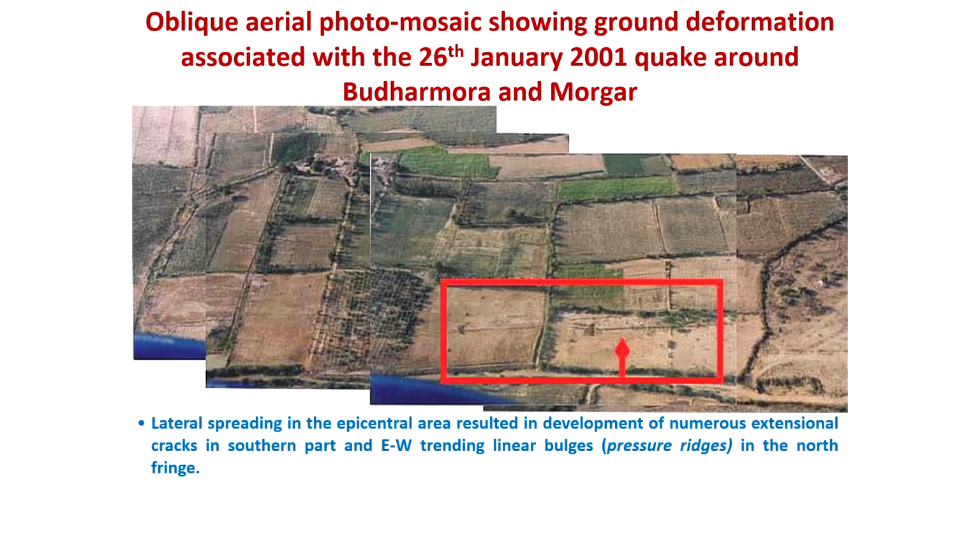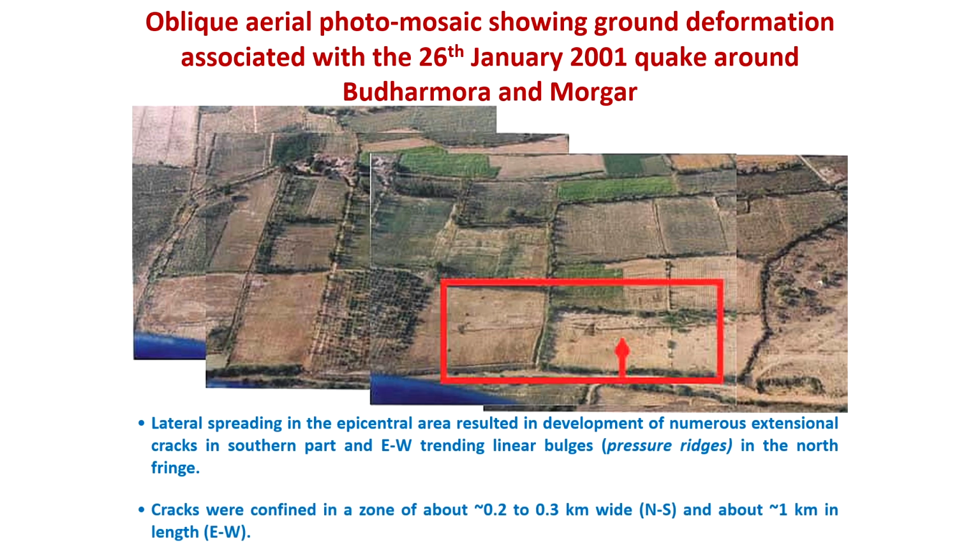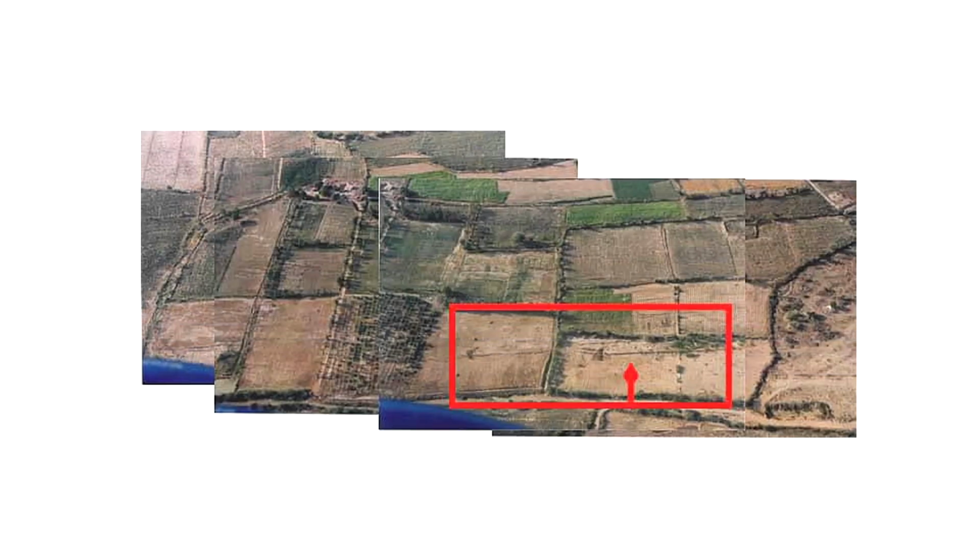Of course, they are oblique, but you can see these three photographs have an overlap of more than 50%, or somewhere around 40%, but mostly more than 50%, and that is what is required to generate stereo vision, that is, a 3D perspective view of any terrain. So, this was also done after the 2001 Bhuj earthquake.